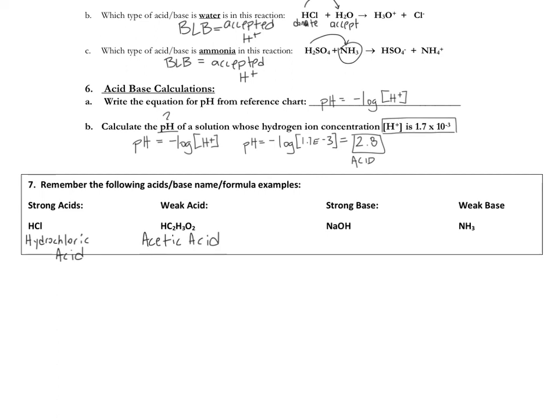It's a weak acid. Strong bases would be NaOH. This is sodium hydroxide. So any compound that's got OH is going to be a strong base. And a weak base is ammonia.